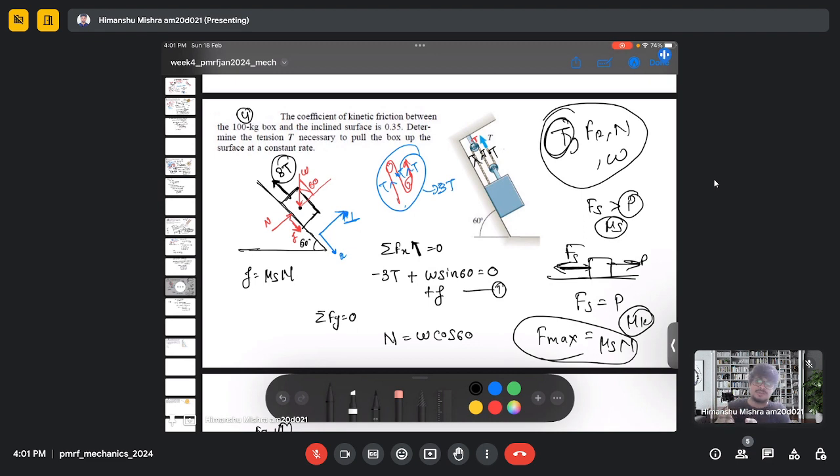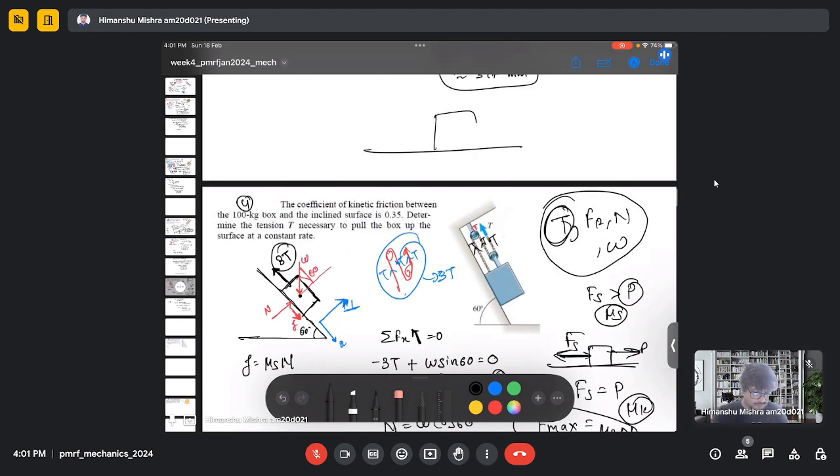That's the impending motion. Till that case, you have to use the static coefficient of friction. And after that, when the external force goes beyond the friction force, then you can use the kinetic coefficient of friction, where the block is just moving.